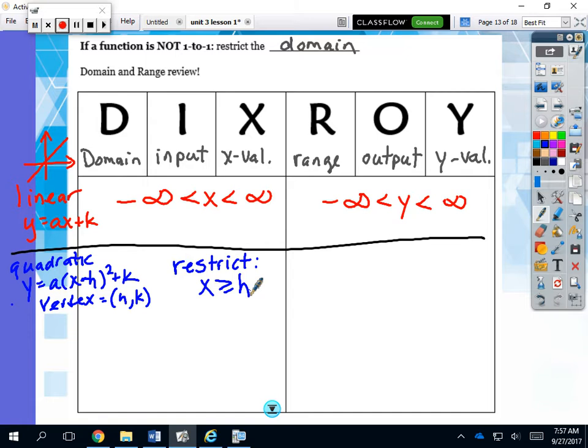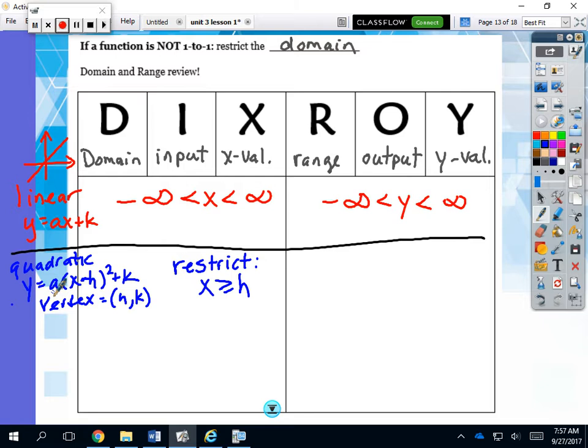We don't have to restrict the range, but we know also in a quadratic that the range has either a minimum or maximum value depending on whether it's an upward facing or downward facing parabola. And that's based on this number a. Remember, if a is a negative number, then the parabola reflects over the x-axis.